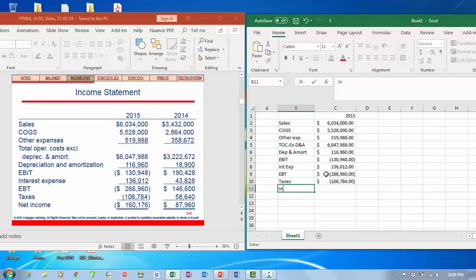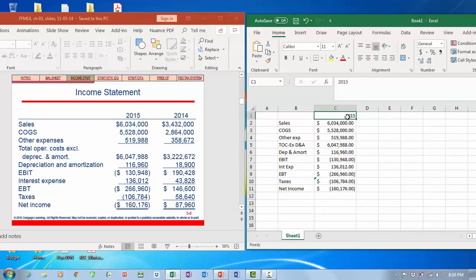So net income is going to be the 266,960, and since this is taxes which are charged back, basically you're not paying out, in fact you're receiving these funds in, so that's your number, 160,176.